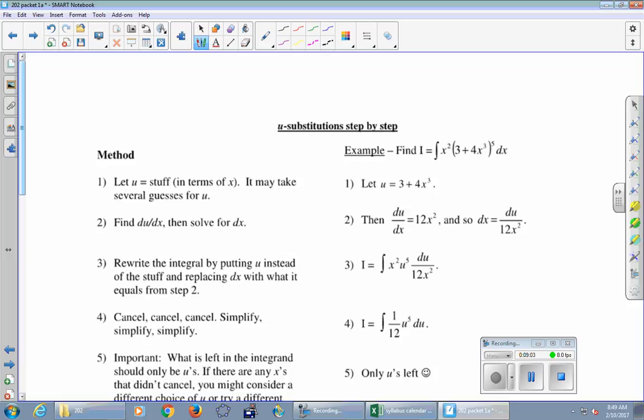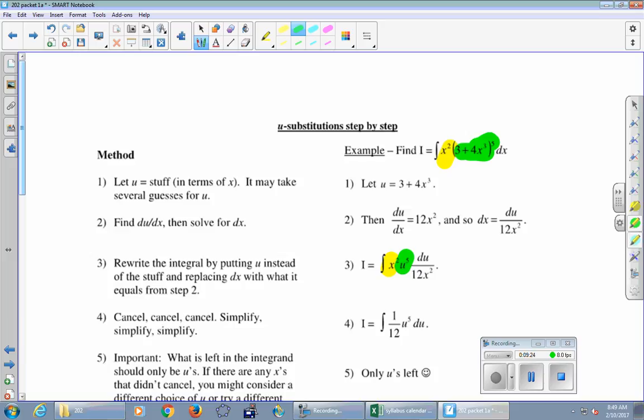Okay, so there it is. We solve that equation for dx every time. So the dx comes up, 12x squared goes down, and we get dx is du over 12x squared. And then we start substituting. This x squared stays just like it is. The thing that you called u, you better get it in there. So that becomes a u to the 5th, right?